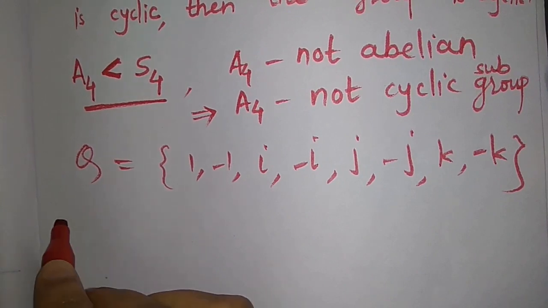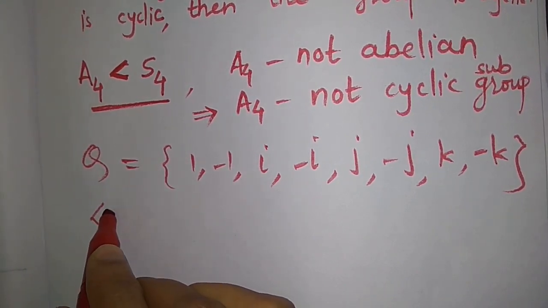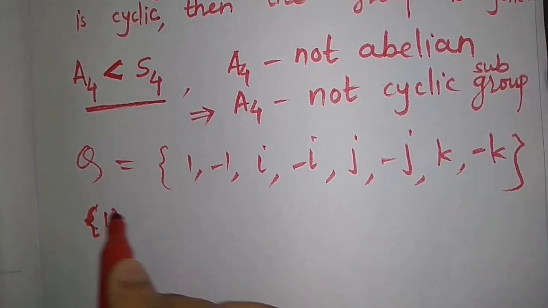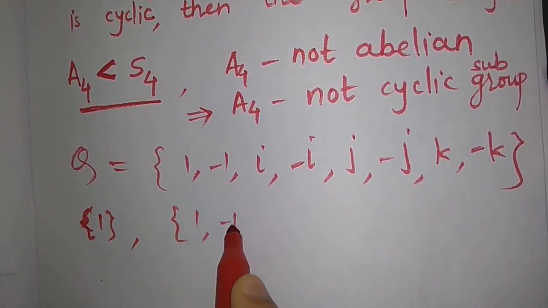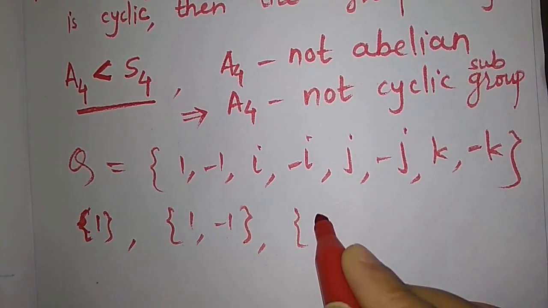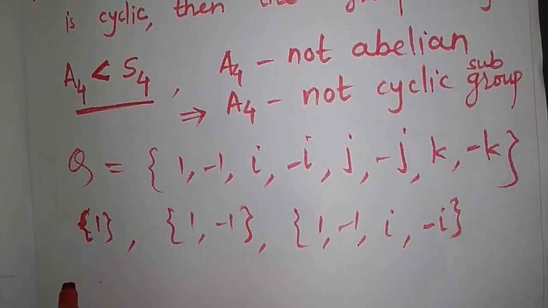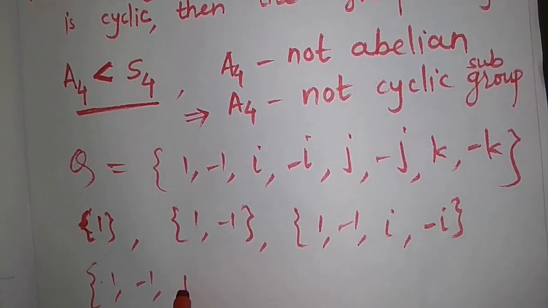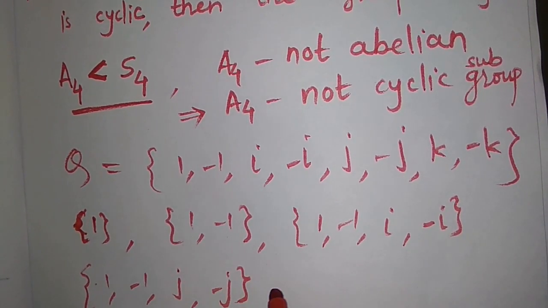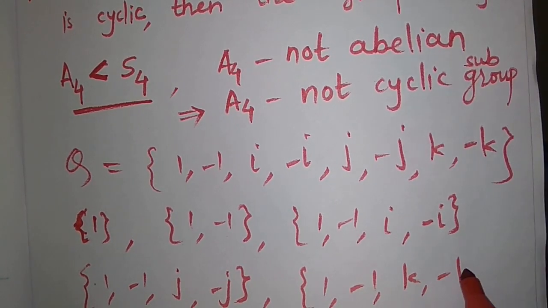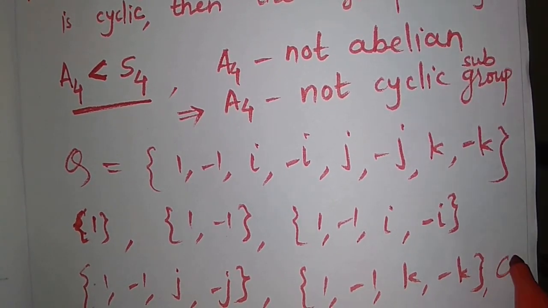We know that the subgroups are {1}, {1, -1}, {1, -1, I, -I}, {1, -1, J, -J}, {1, -1, K, -K}, and Q.